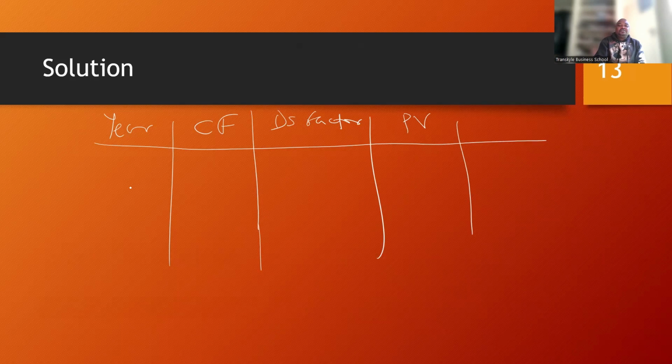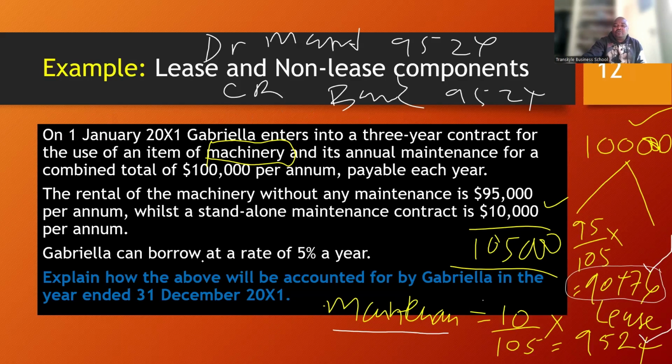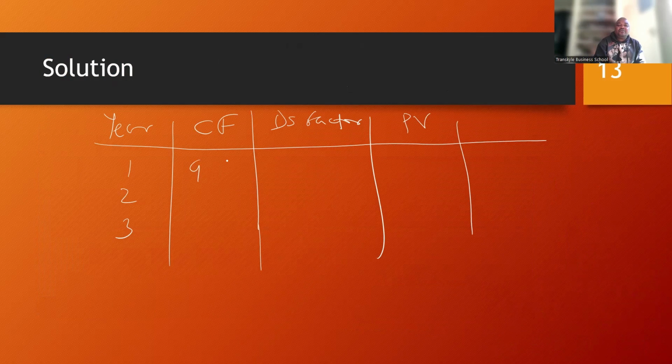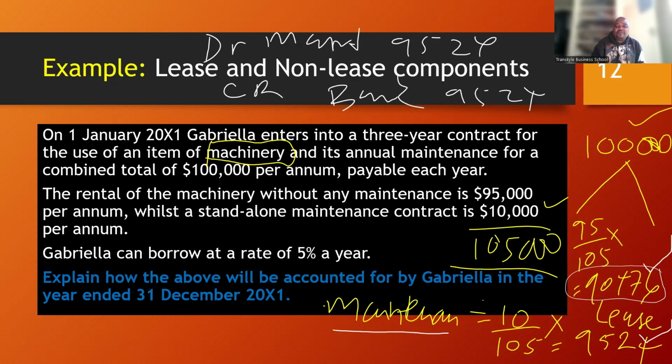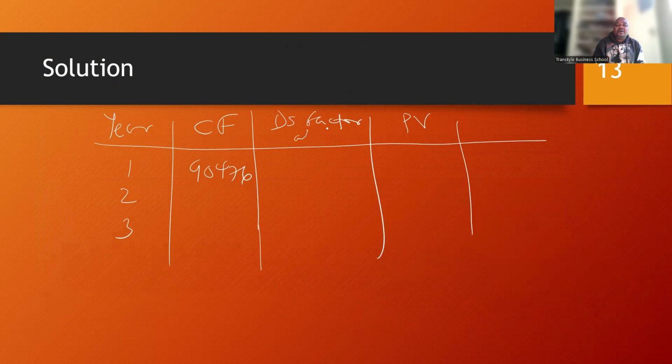So year 1, year 2, year 3, because remember, this was a 3-year lease. So the amount we are looking at now is 90,476. The discount factor is at what percentage? At 5%.